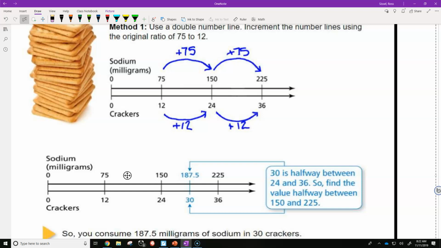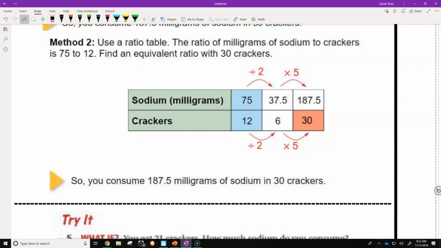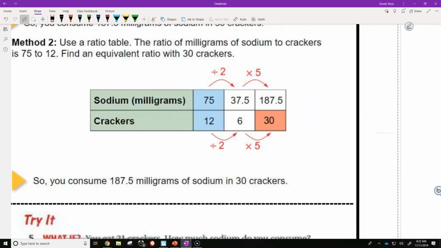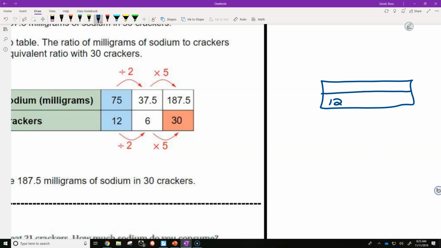When I look at this, and I was going from 12 to 30. Well, if I would have drawn this, I would have thought, here's 12, and then here's 30.